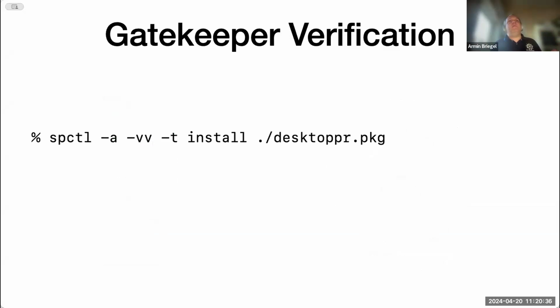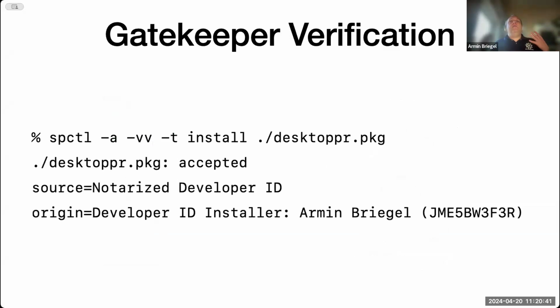The command to interface with Gatekeeper is called spctl, and we can use that to pass a package or a zip or a DMG archive or an application through it, and it will actually give me a ton of interesting information. First of all, it will say, oh yeah, this passed my check. So Gatekeeper thinks my desktop app, which I'm just using as an example, desktop tool, is accepted. It tells me it was notarized. So it's not just signed, it's notarized.